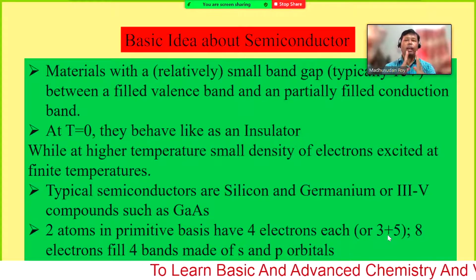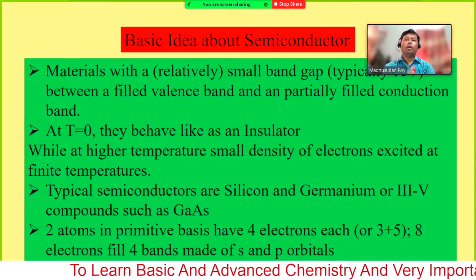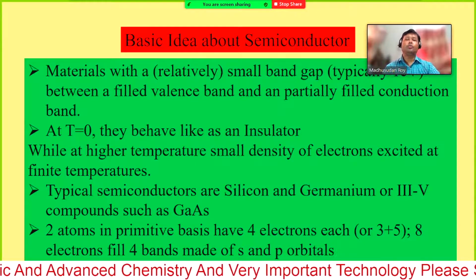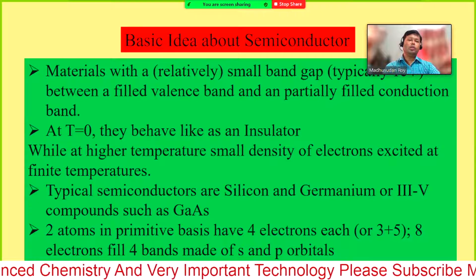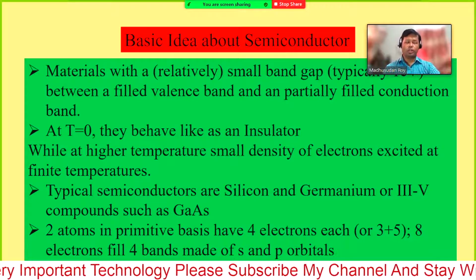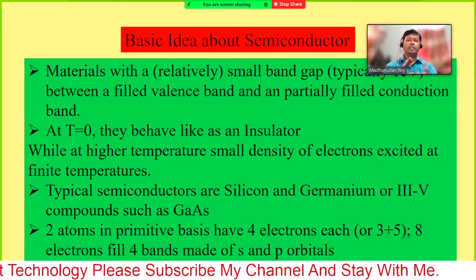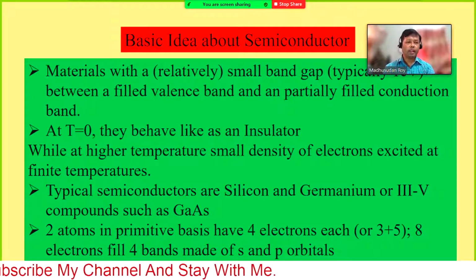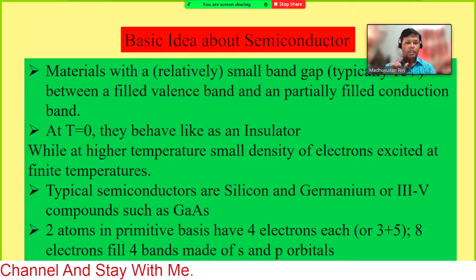That means if you have a compound of group 3 and group 5, they can have overall 8 electrons, that means on an average 4 electrons for each atom.